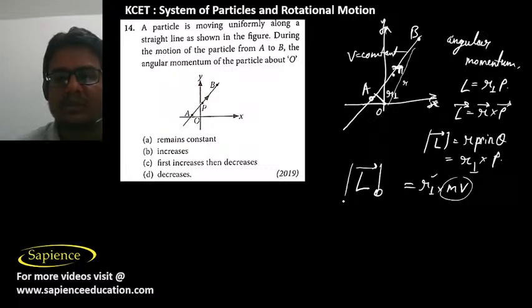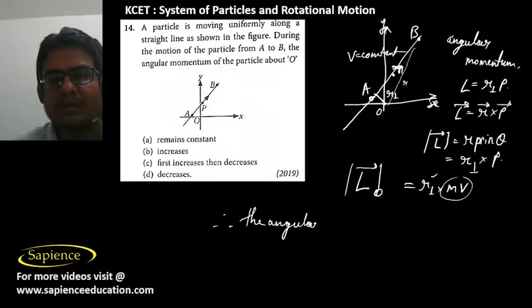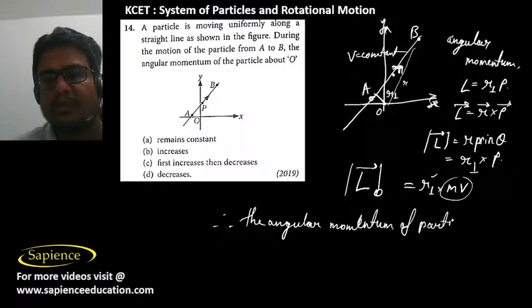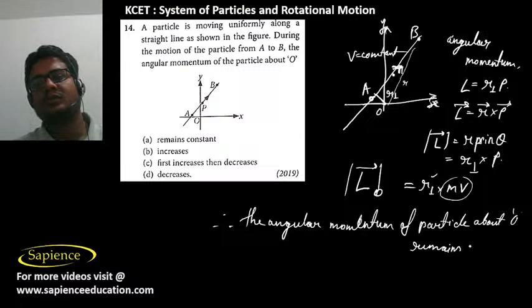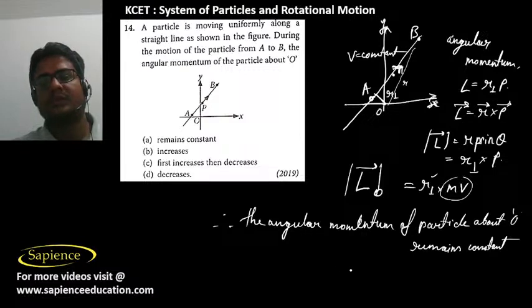So therefore the angular momentum of the particle about the point O remains constant. Since why?